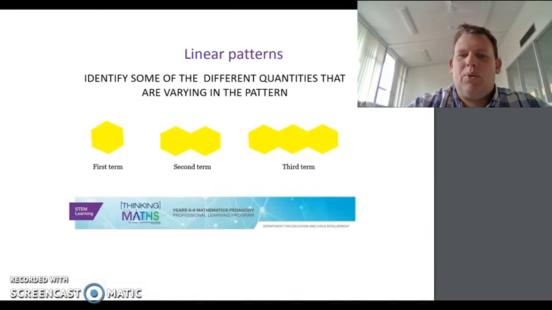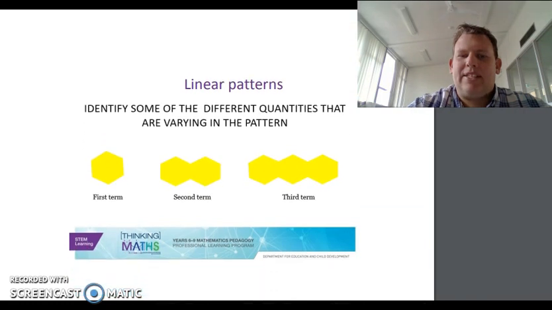In this one, we have yellow hexagons in the pattern no matter what. We identify them by the space and the word term. That's our first term, that's our second term, that is our third term. So what are some different amounts that we could add up, or name, for each of these shapes? Pause me and have a think about that for a second.